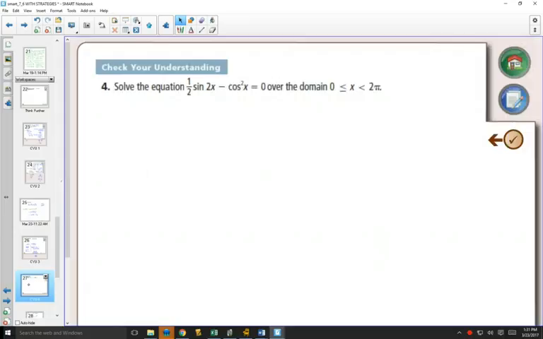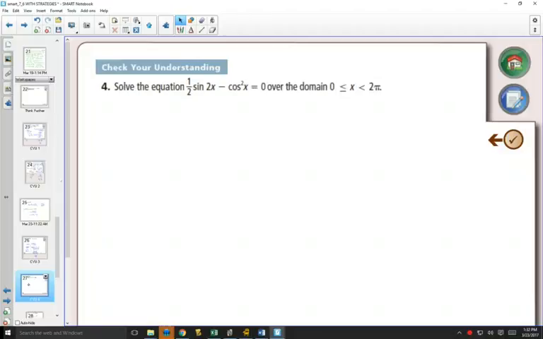And finally, let's turn to example number 4. So it says solve the equation 1/2 sine 2x minus cos squared x equals 0 over the domain. So we see the 2x.